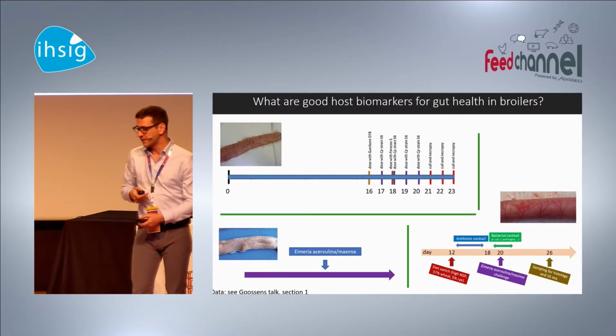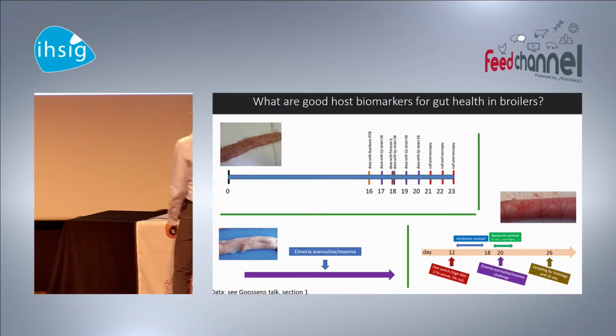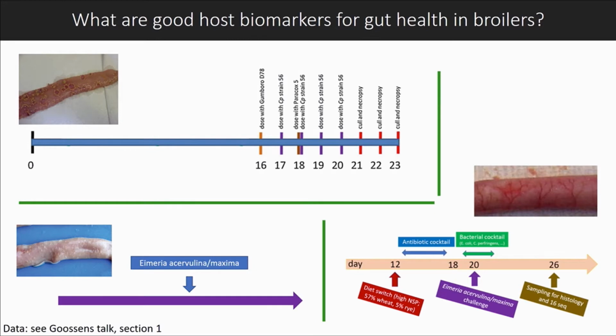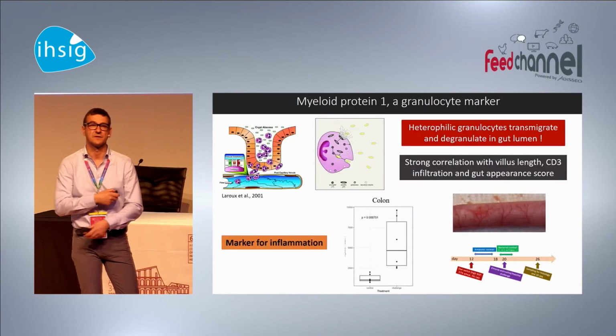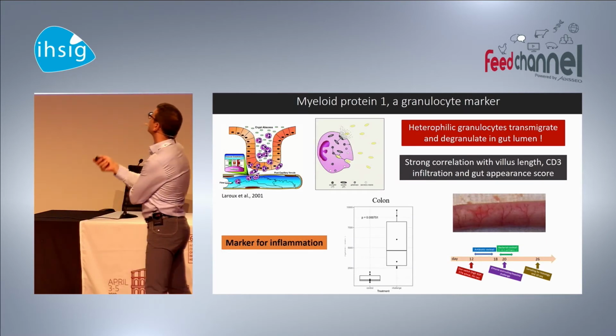But actually what I will do is just describe a few biomarkers that you can find in this model, okay? And one of them, we did some proteomic analysis, some metaproteomic analysis, trying to find proteins that you find in intestinal content, in colonic content, and in fecal material that are more abundant in challenged animals. And actually, one of them is this.